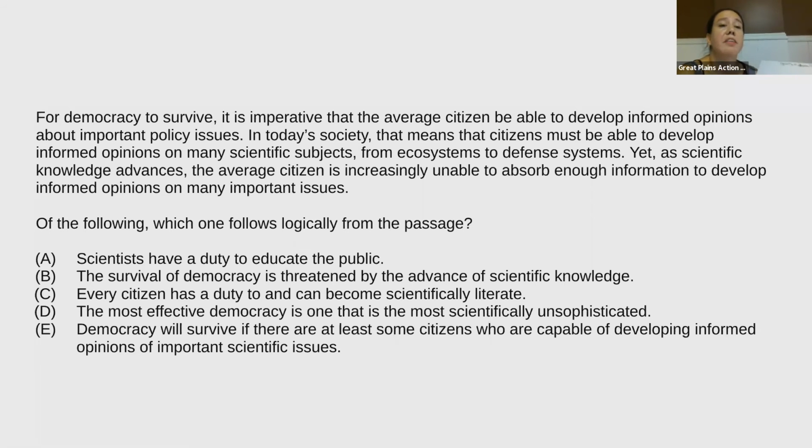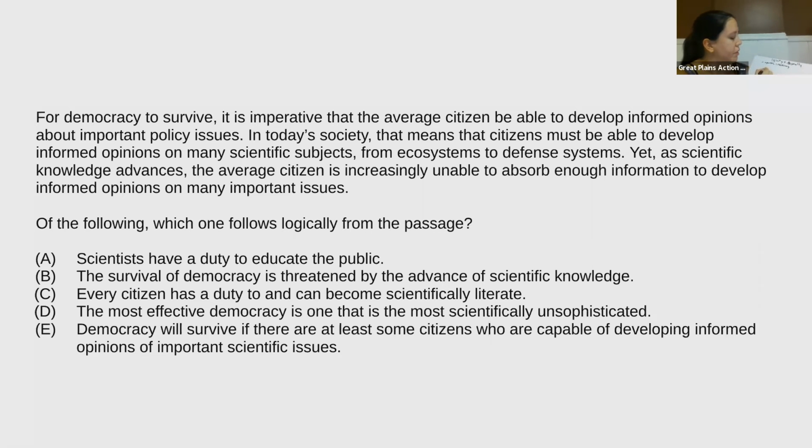For democracy to survive, it is imperative that the average citizen be able to develop informed opinions about important issues. "Is imperative" means necessary, so we know that what follows is going to be a necessary condition.